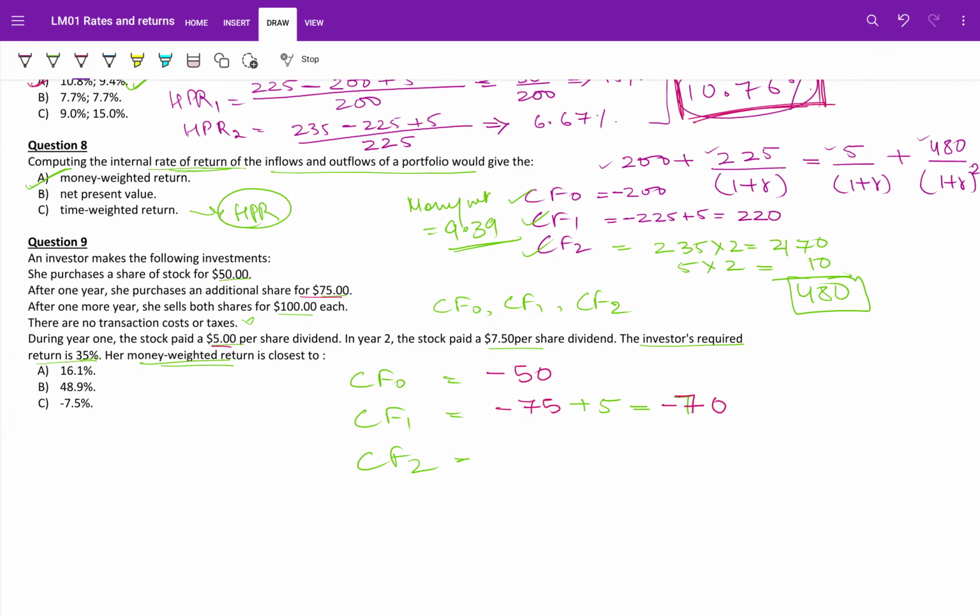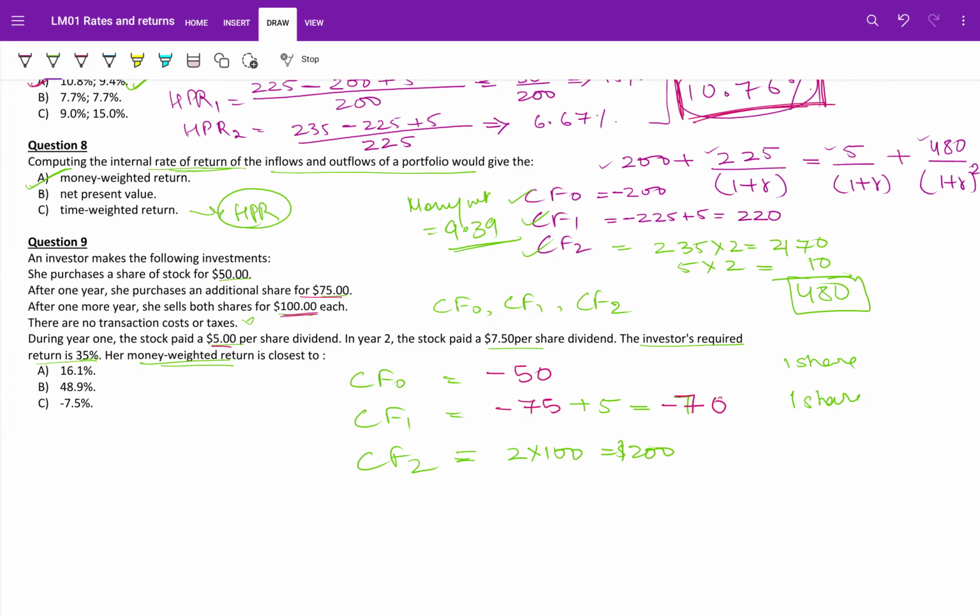In year two, she sold both her stocks for $100. This means she actually has two shares now, one share here and another share here. She has sold both of her shares for $100, so she has sold two shares for $200.